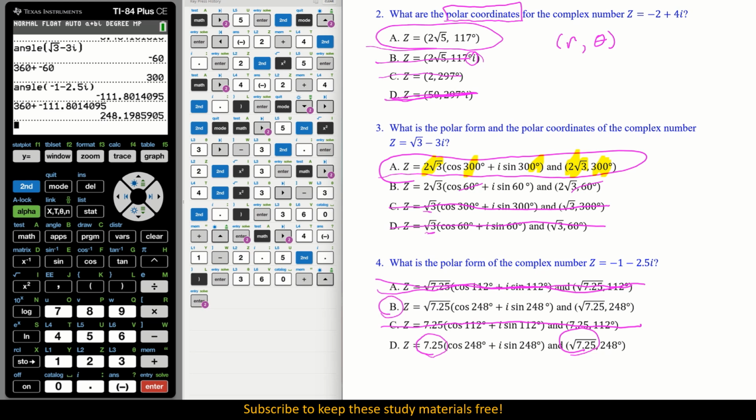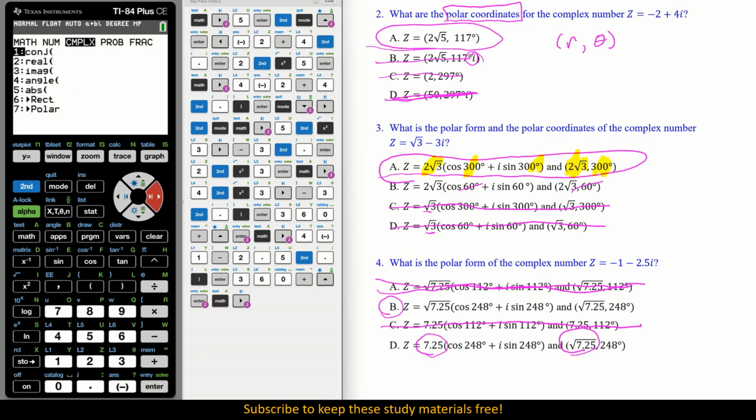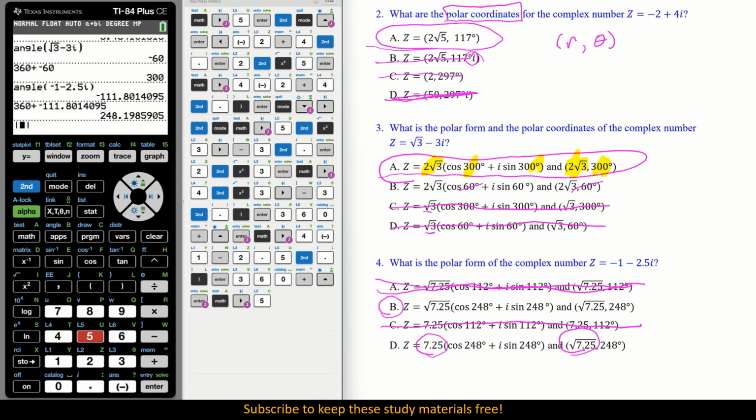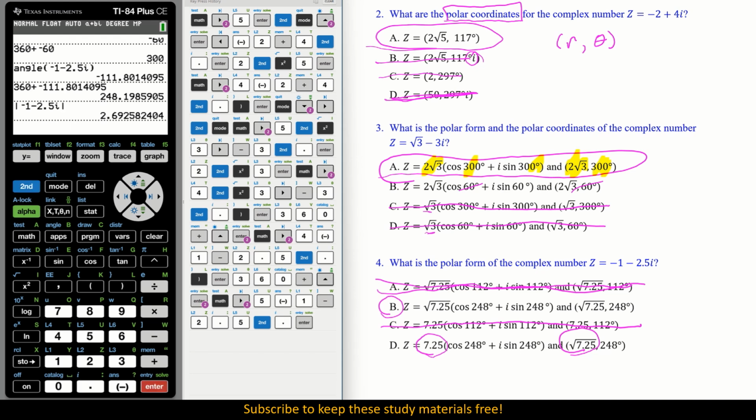Take us but a minute to check, even less than a minute. So we go math, arrow over twice. We need number 5. Okay, now we put in -1 minus 2.5 second I and push enter. Okay, here's the thing. Our value is under the square root in our option, but yet we don't have it under the square root.